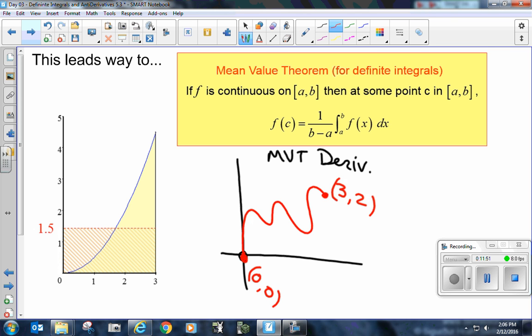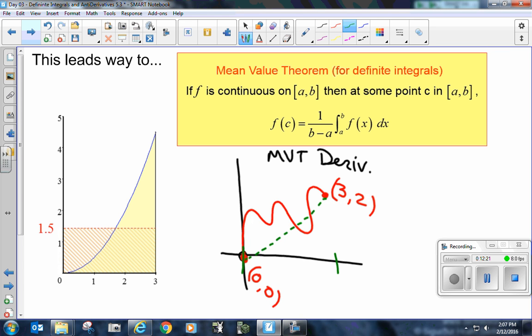Okay? And I did some line going like this. The derivative, which means slope, changes constantly, doesn't it? Yeah. Well, at some point between here and here, the slope on this function has to be the same as the slope from here to here, right? Like if I took the slope and I did change the y over change the x, I get 2/3, which equals up 2/3, right?